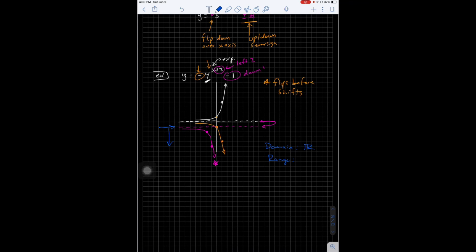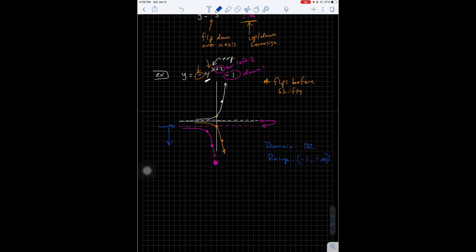So my range y values are going to be -1 to -infinity. And since -1 is an asymptote, that's going to be a round bracket. Okay. Oh, that's backwards though. Sorry, I wrote that backwards. My bad. How about negative infinity to -1? Small to big.